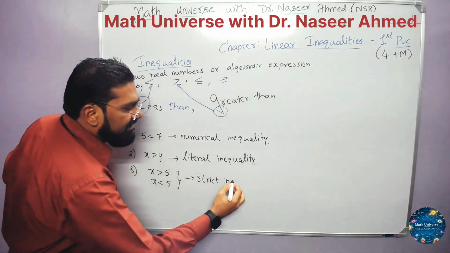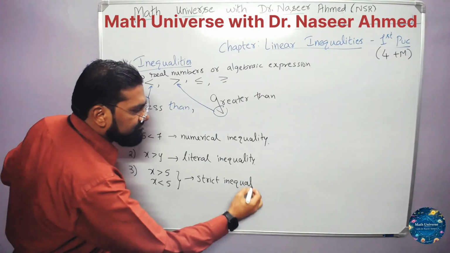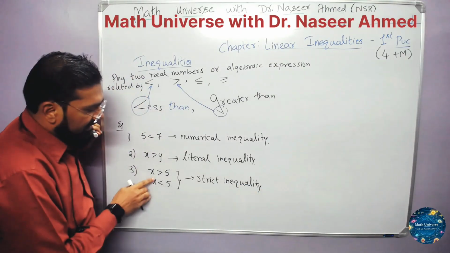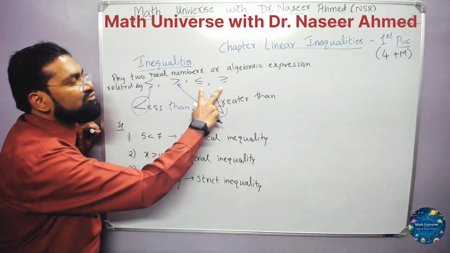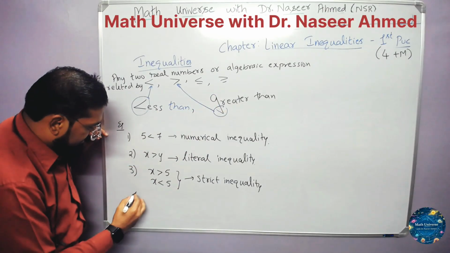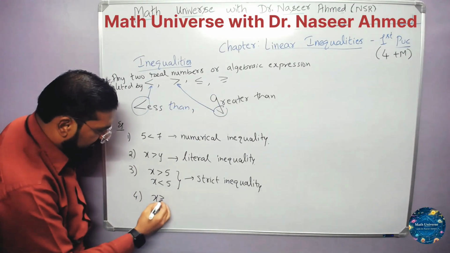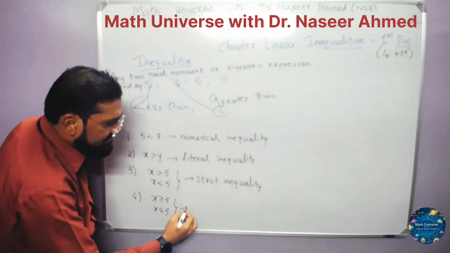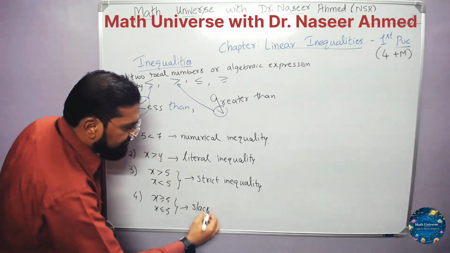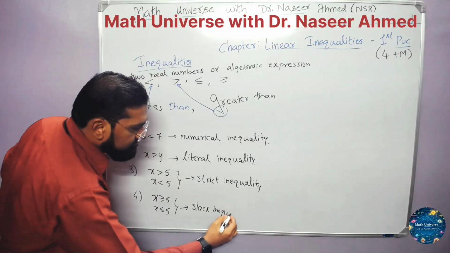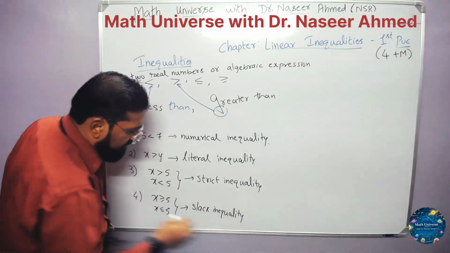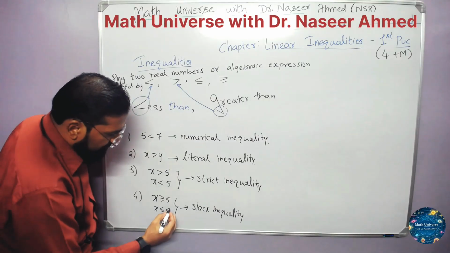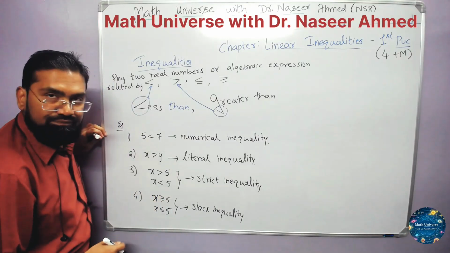When I say strict inequality, I should not have the equality sign. Whereas the same question, if I write it with the equality sign, we call it slack inequality.